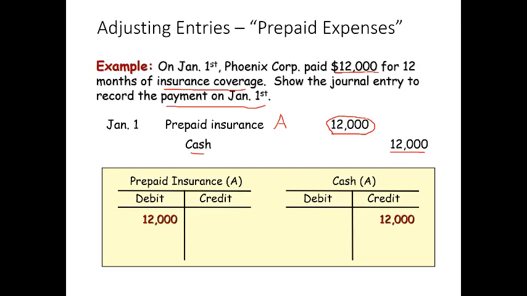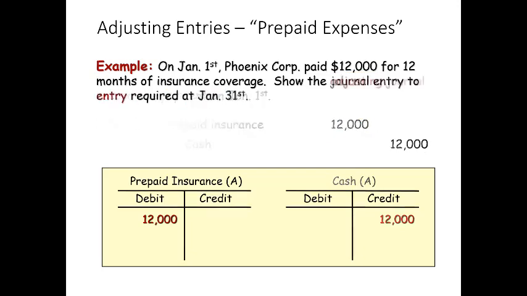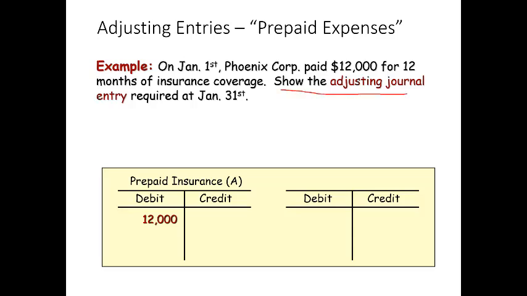The adjusting entry is going to come at the end of the year after we have incurred some of this expense. So at the end of the reporting period, we've incurred some of this expense. So in this example, we have an adjusting entry on January 31st. On January 31st, a month has gone by since we bought this insurance coverage. So we've used a month's worth of this insurance.